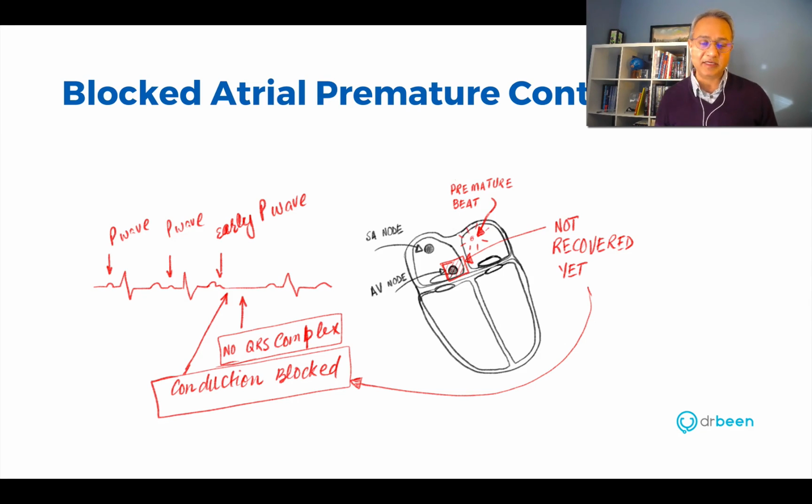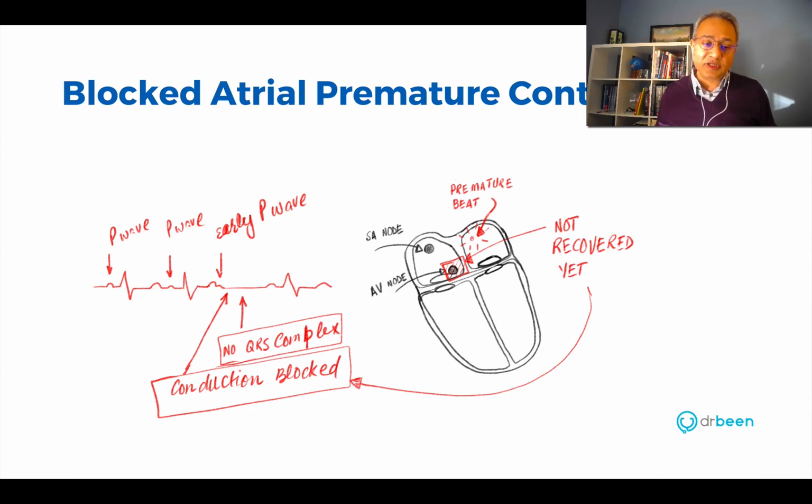What do you see in this case? You'll see a P wave which is earlier than it should be, and there will be no QRS complex. Why? Because the AV node did not conduct it. See here, this is the P wave. It appeared earlier, right? So from that you can say, okay, this is an extrasystole. This is a supraventricular arrhythmia.